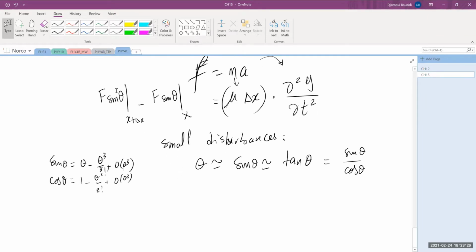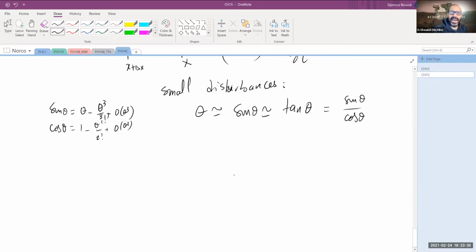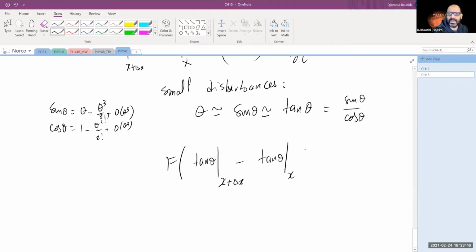Okay. Sine theta, I'm going to replace it by tangent theta because of this approximation, because we're doing small disturbances. So in this case I have F times tangent of theta evaluated at x plus delta x, minus tangent of theta evaluated at the point x, is equal to ma, which is mu times delta x times the acceleration, which is the partial of y with respect to t.